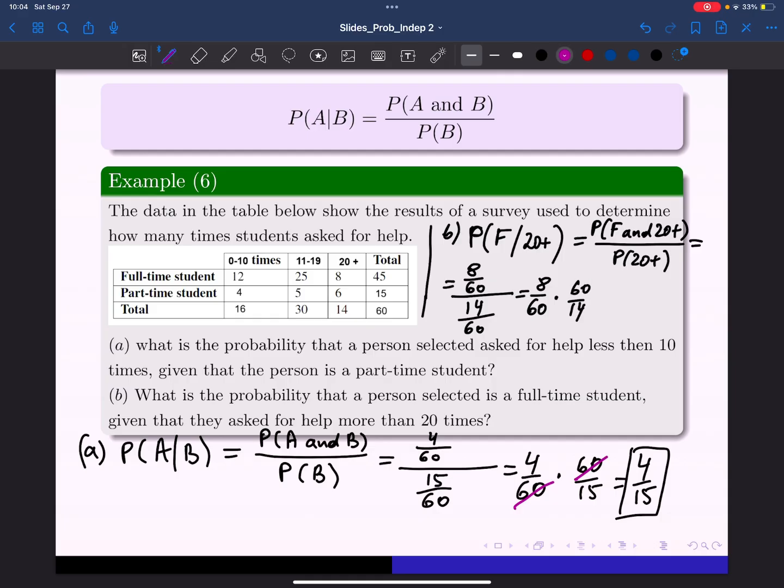And then as before, the 60s cancel out. So we have 8 out of 14. This can be divided by 2, so it's 4/7. The probability for part B is 4/7.